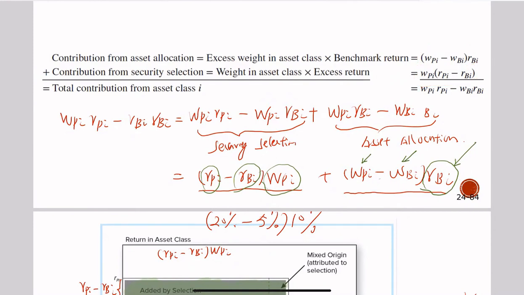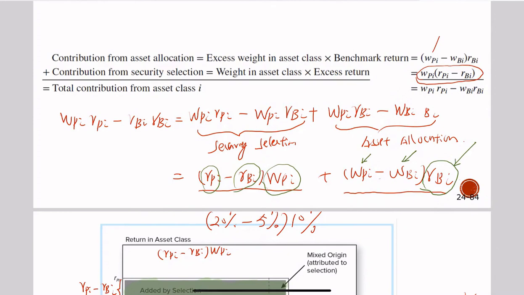And again, let me repeat. This guy is about asset allocation because you're having different portfolio weights. So when you're talking about allocation, it's about allocating more or less money, right? It's about changing portfolio weight. And then the second guy is about security selection.